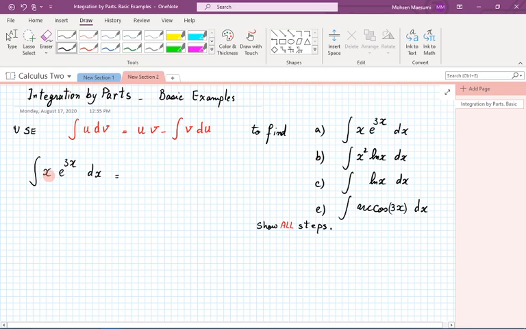So that's my motivation for splitting it in the following style: let u be x, and then dv is whatever is left, so e to the 3x dx, that's going to be my dv.